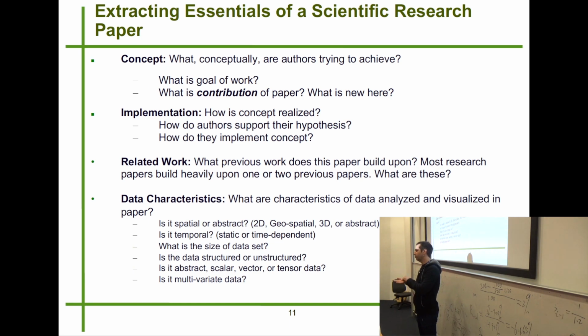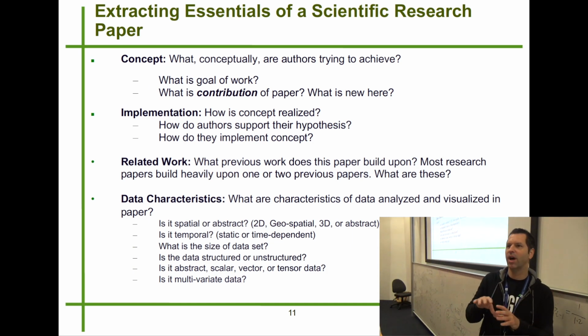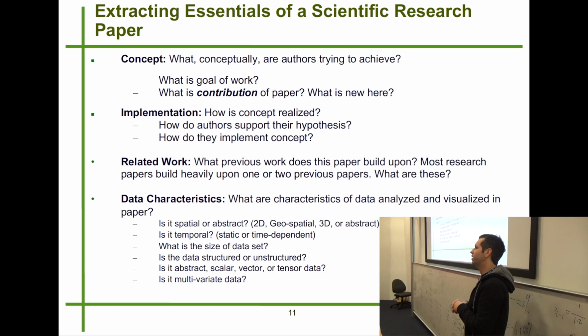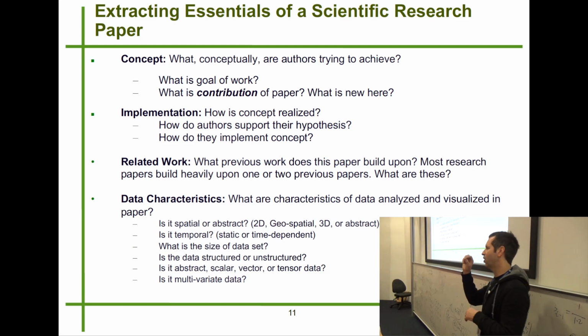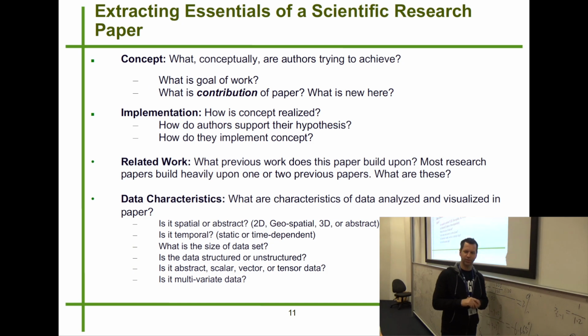Like we're re-implementing this solution, but we're making it double the speed. So there's usually one or two papers in the related work that are the most closely related. And we're trying to extract those. We're trying to identify the one or two previous papers that are the most closely related. That's an essential aspect.